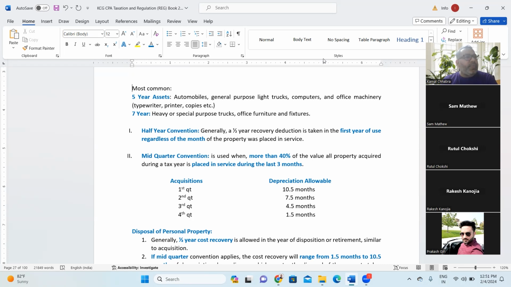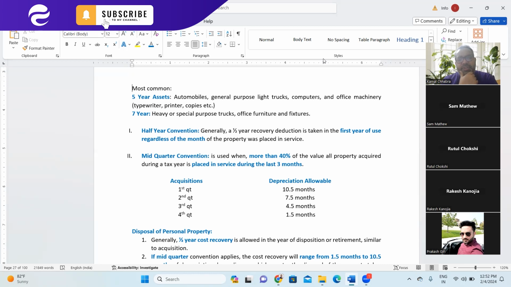Same way, if you have purchased assets in Q2, let's assume you purchase certain assets in April or May, right? In that scenario, for Q2, half of the quarter's depreciation will be charged. That is 1.5 months of Q2 only on the new assets purchased in Q2, right?